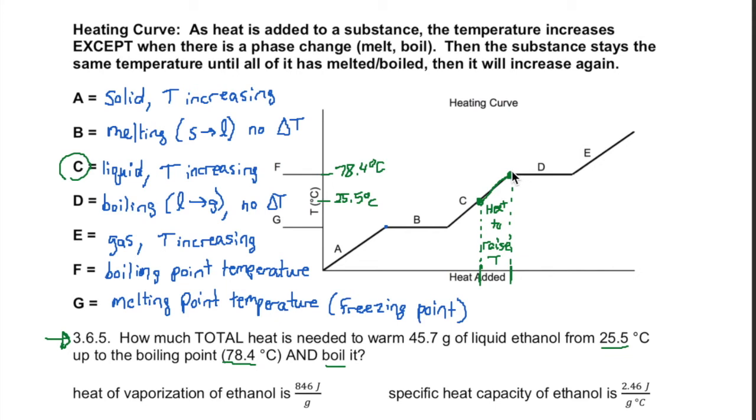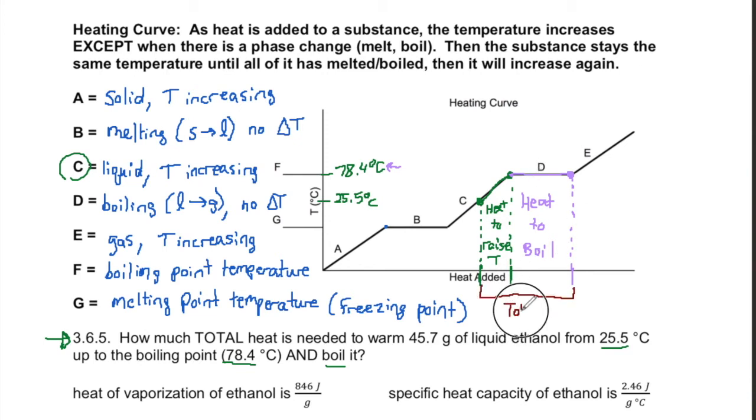Once we've raised the temperature, we want to convert all of the liquid ethanol into gaseous ethanol. So we're at the boiling point temperature, and we are going to convert all the liquid into gas. And that is going to take more heat than if we just brought it up to that temperature. We're going to need to put some more heat in to boil it. So we have heat to raise the temperature and heat to boil the ethanol.